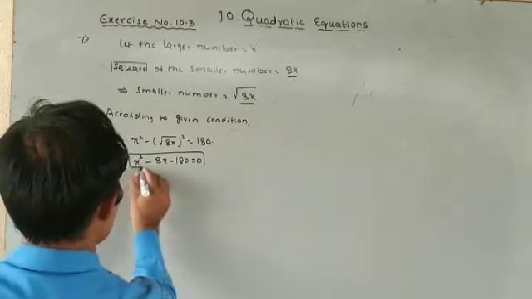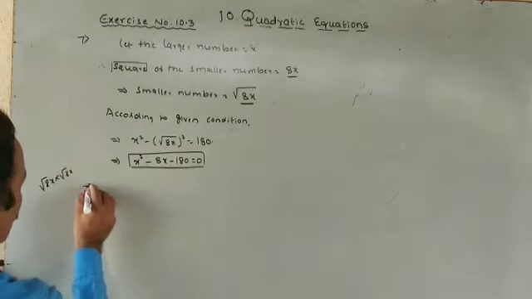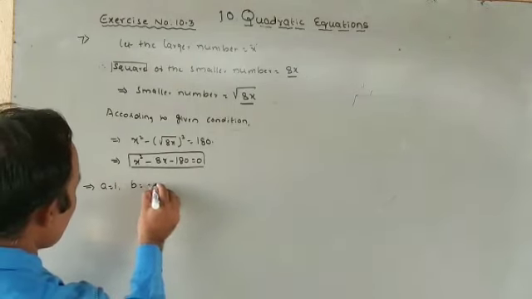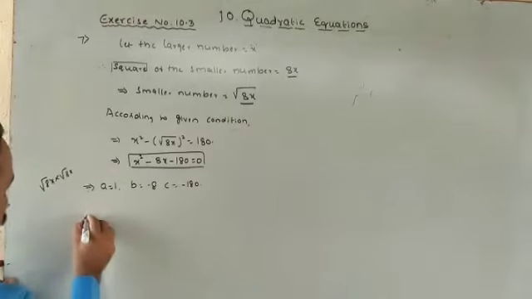Now this is our form, ax square plus bx plus c is equal to 0. Therefore a value is 1, b value is minus 8, c value is minus 180.